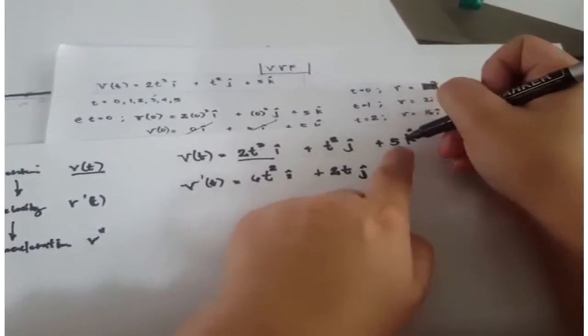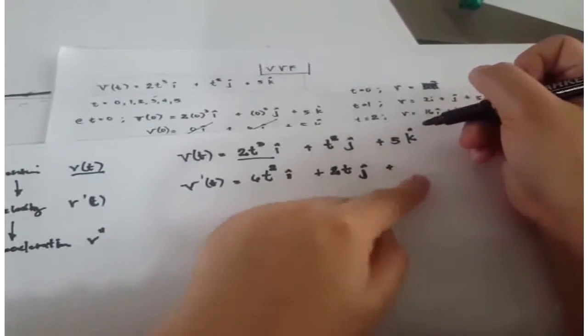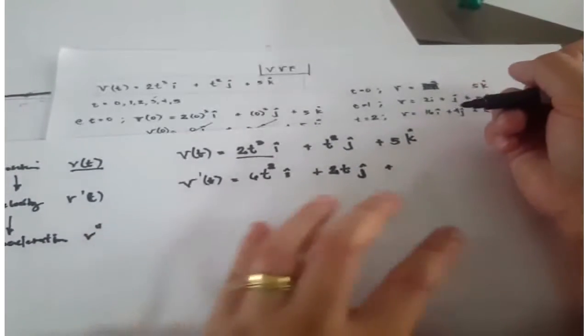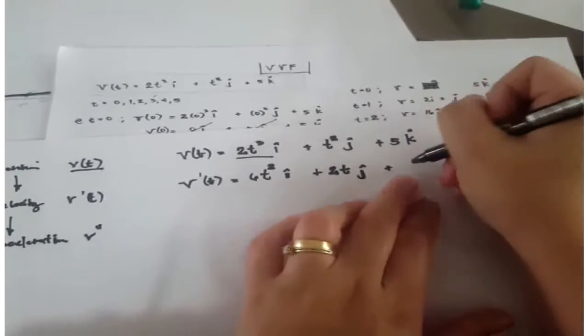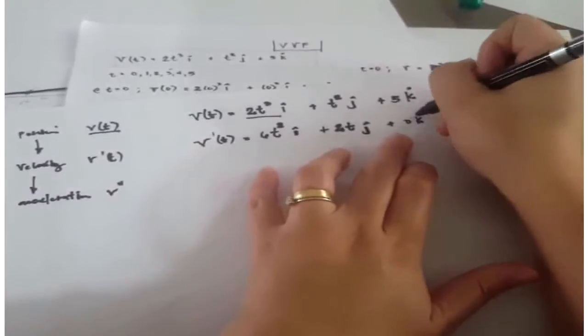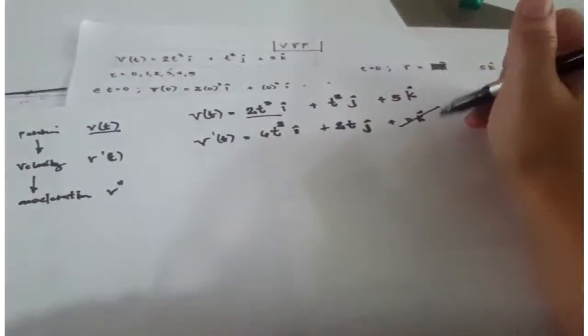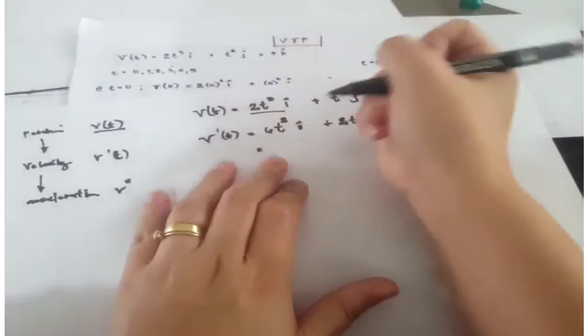Plus, so the derivative of constant is what? The derivative of constant is just simply nothing, 0. At k direction, or just simply cancel it out, or just leave it blank. So let us now simplify.